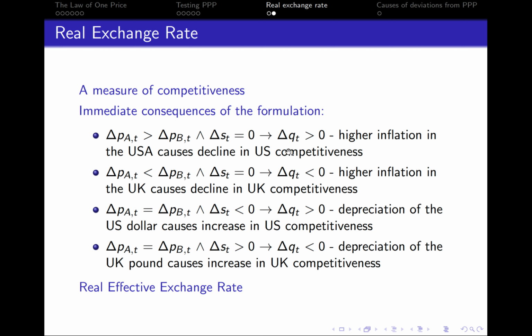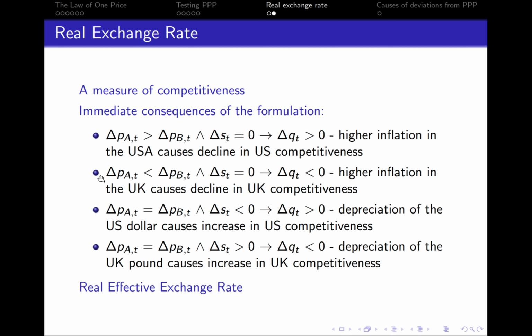It makes perfect sense because prices in the United States are getting higher, so it's better to buy goods in Britain. So higher inflation in the USA causes a decline in US competitiveness.